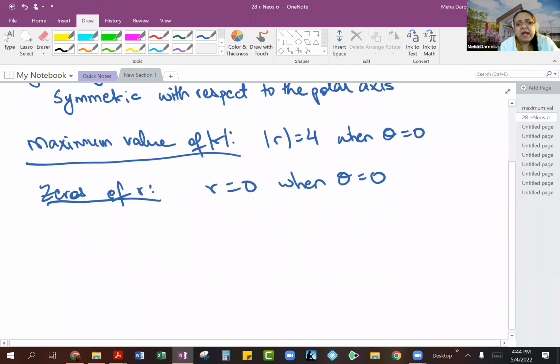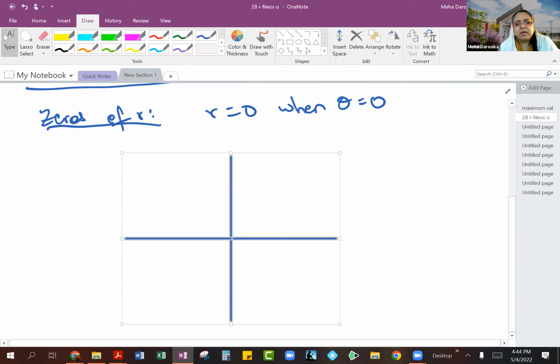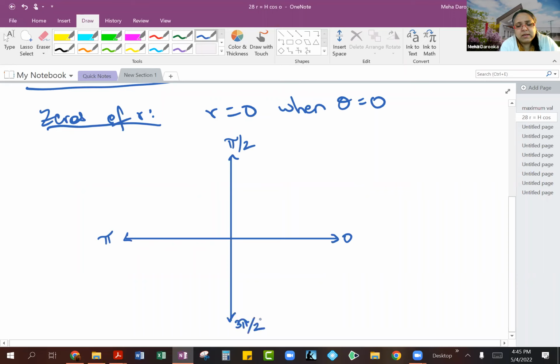Okay, and when we graph this, this would be our polar axis with 0. This would be pi halves. Of course, we would have pi over here, and then 3 pi halves over here. Let's use a different color for our graph.